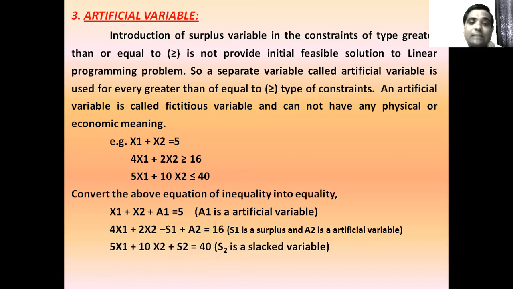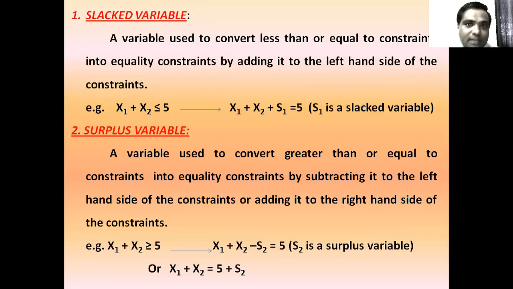After converting these inequalities into equalities, we can solve this linear programming problem with the help of the graphical as well as the simplex method. Mostly in the simplex method, we have to convert all these inequalities into equalities, and after that we get the initial feasible solution to the linear programming problem. There are three variables. First one is the slack variable.